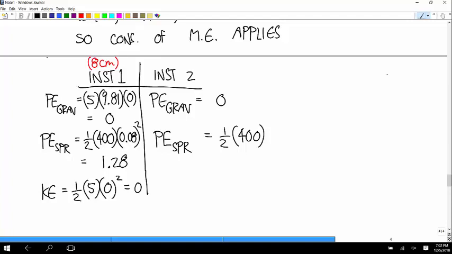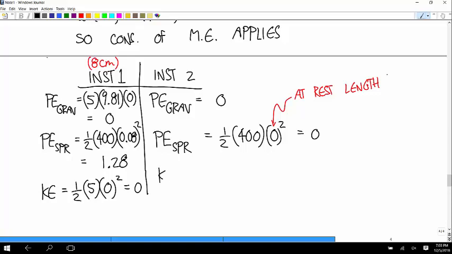Well, what we want is to know how fast it's going at just that one little instant where the spring is at its resting length. So it's going to be 0. And 0 represents the spring being at its resting length. And so the spring potential energy is 0 here.